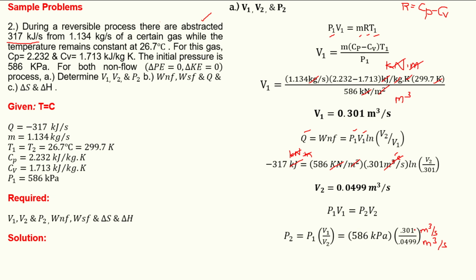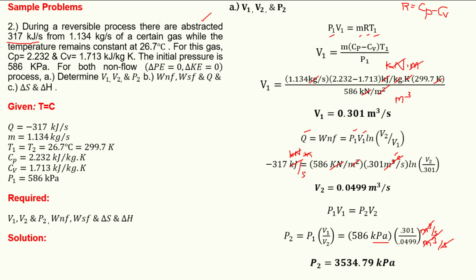Baka magtaka kayo paano nawawala yung unit yan? Cancellation lang, kasi same units lang naman. Kaya unitless na yan, na matitira natin ay kilopascal na lang. Same din dito sa kanina. Therefore, P2 natin is equal to 3534.79 kilopascal.